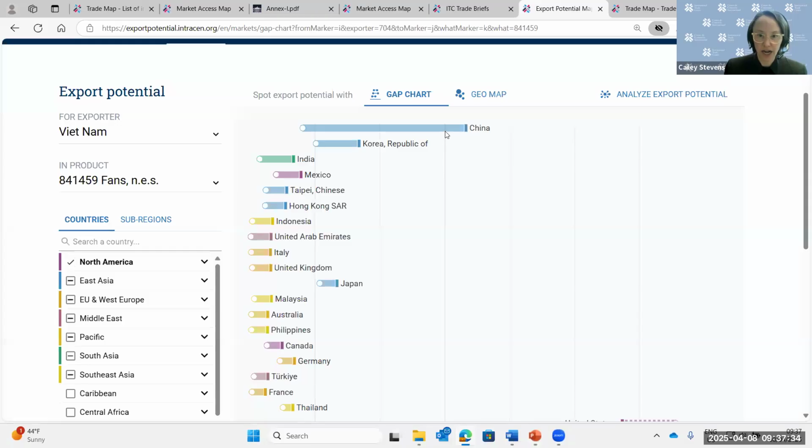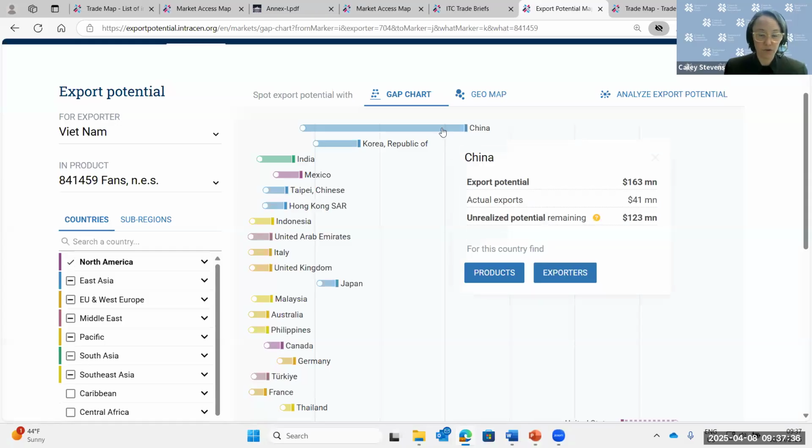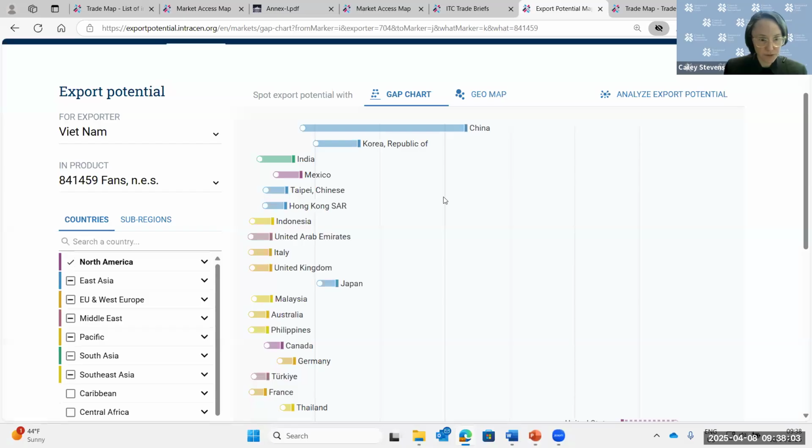And we see that China is the market with the most room for growth for this product by 2029, and they have unrealized potential of $123 million. So this means that by 2029, Vietnam should be able to export $123 million more of fans to China than they are currently exporting. Other markets that have unrealized potential for this product include the Republic of Korea and India.